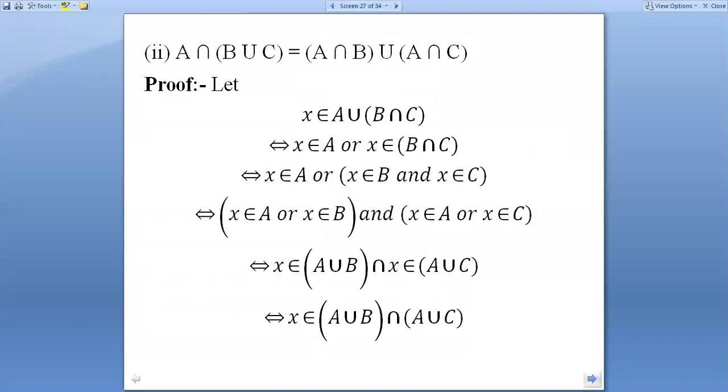If x is belonging to A union (B intersection C), then either x is belonging to A or x is belonging to B intersection C. Now x belonging to B intersection C implies what? X belongs to B and x belongs to C. Separating it, we can write it as x belongs to A or x belongs to B, and x belongs to A or x belongs to C, if and only if x belongs to (A union B) intersection (A union C).